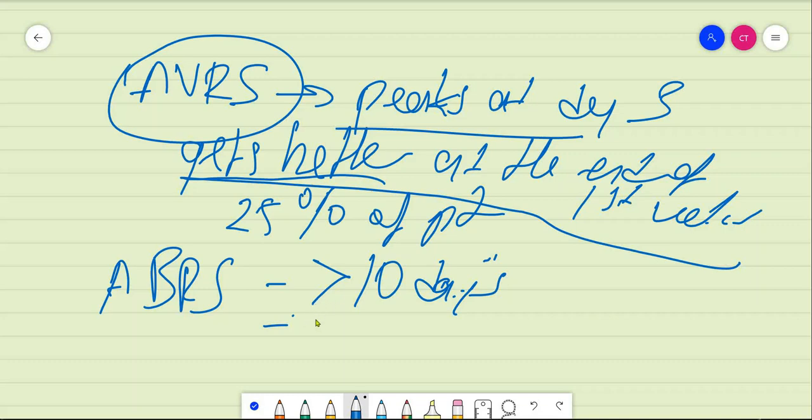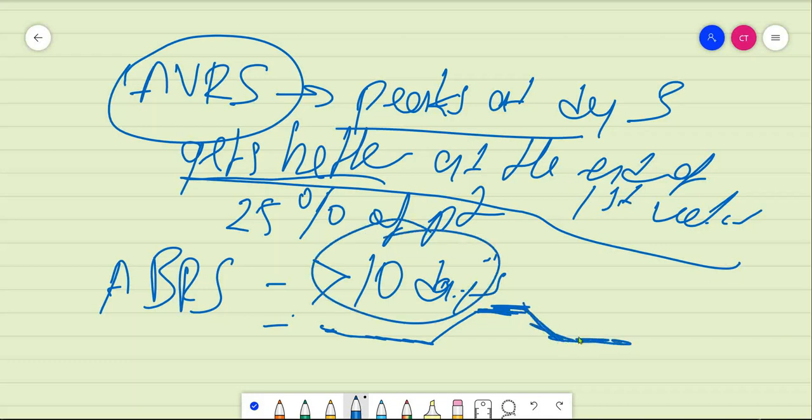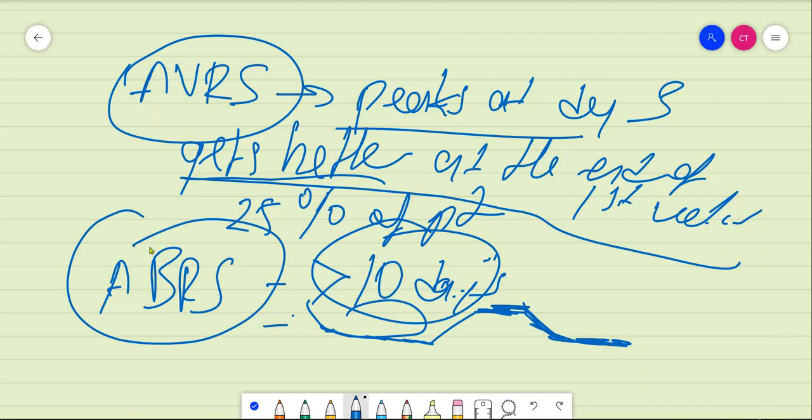So it starts bad, as all the rhinosinusitis patients. It starts bad, and then it gets better. The patient will think, okay, maybe I am getting better. But near the end of 10 days, it gets bad again. So it worsens at first, and it then worsens again, and it is called double worsening. And this is one of the typical things that we see in acute bacterial rhinosinusitis.